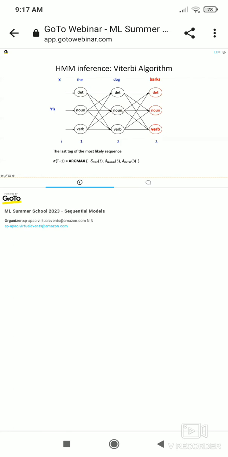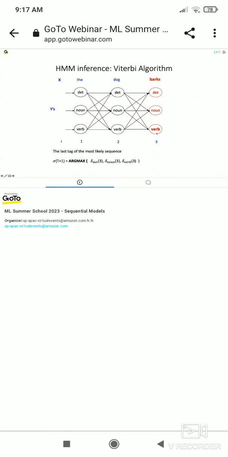Similarly, we have to compute the deltas for all possible states in all sequences using the recursive approach. And after reaching the final instance of the sequence, we can find the argmax of the deltas which we computed.